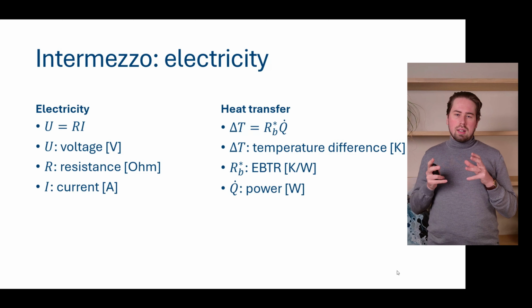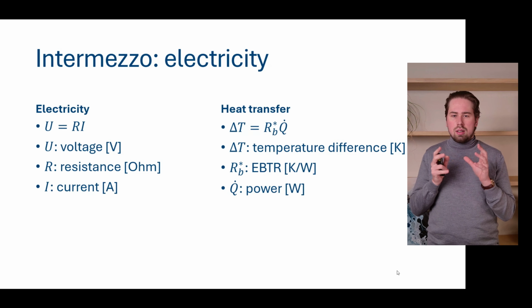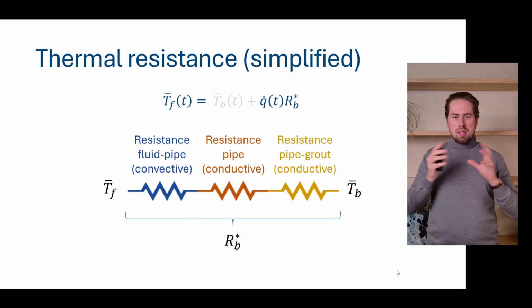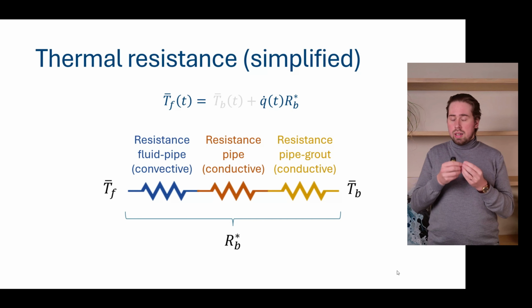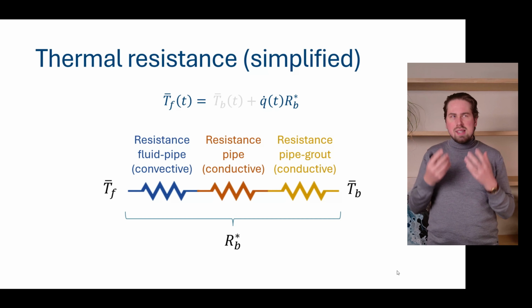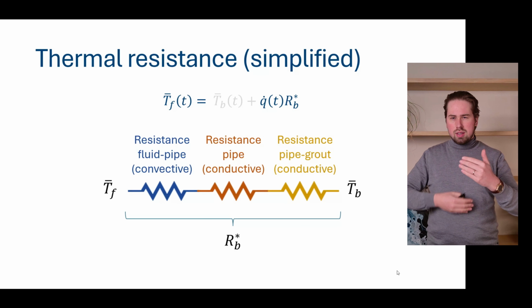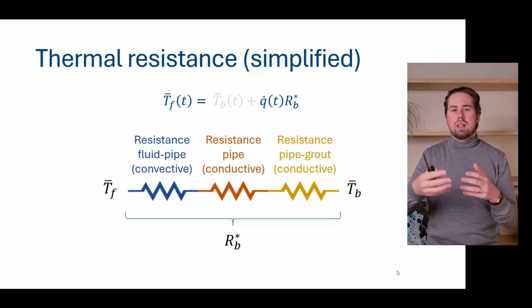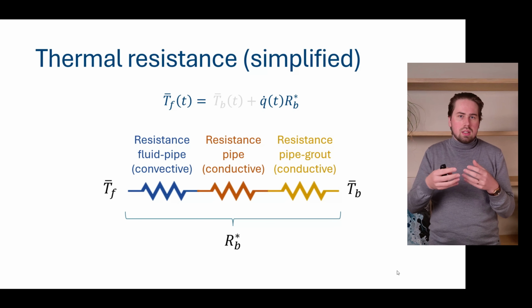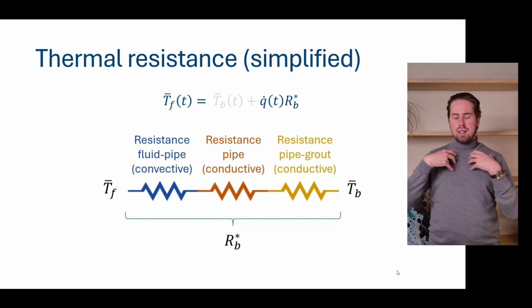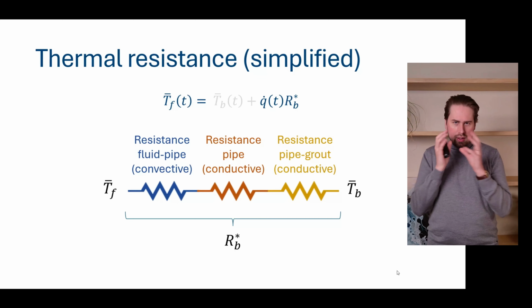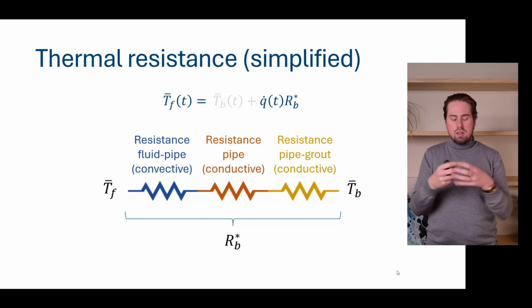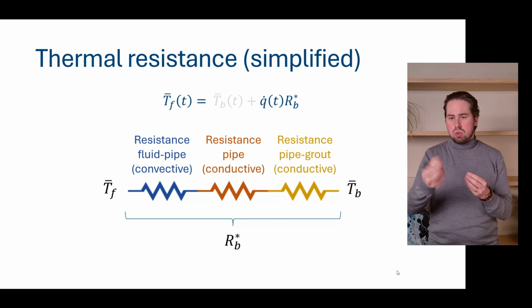And if we take a closer look at what this equation is, we see here that our thermal resistance, or Rb star, is basically all the different steps or layers that can pose a resistance for the heat to travel from the fluid to the borehole wall. So the heat is in the fluid and it needs to go to the borehole wall.